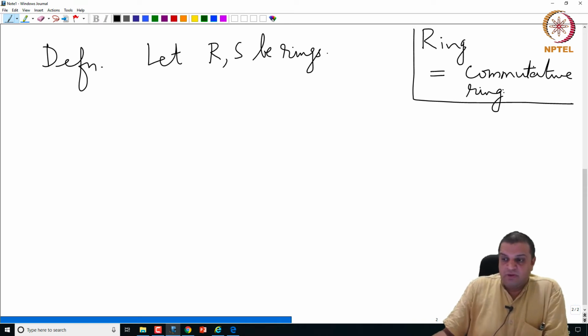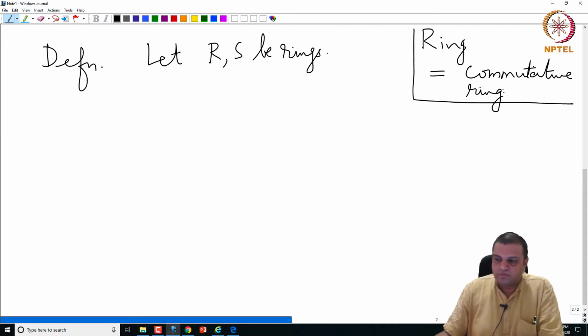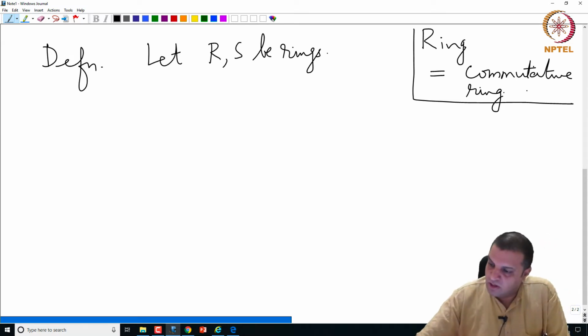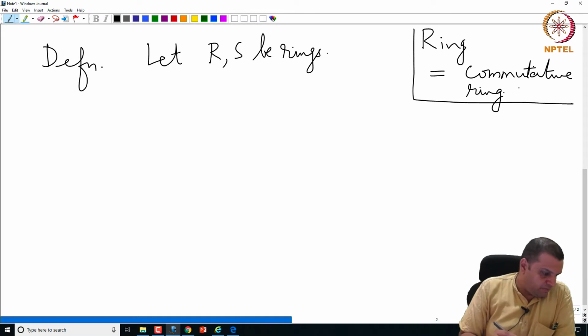We might have to deal with some non-commutative rings later, but if that is the case, I would explicitly mention that we are discussing a non-commutative ring. Otherwise, for most of the course, we will only be discussing commutative rings, and therefore we will just call it a ring. So this is as we defined it last time.